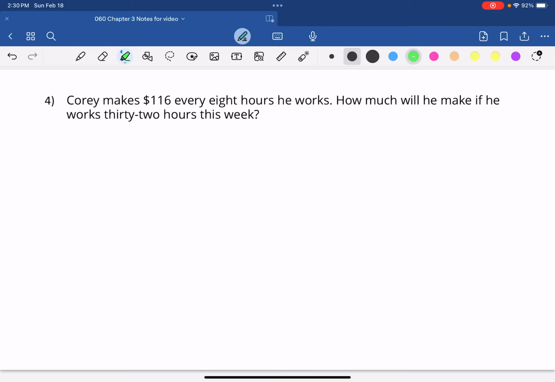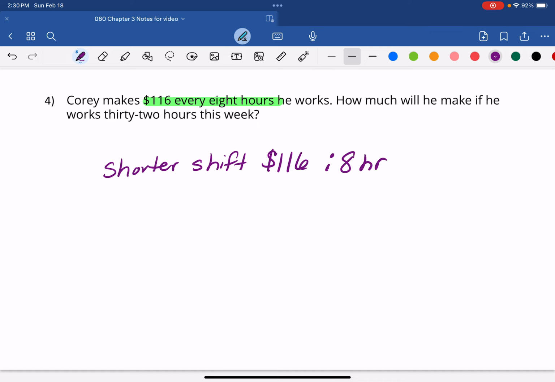Well, we have a ratio here for a shorter shift. We're going to say the shorter shift. And that's going to be $116 for 8 hours. And we want to know how much he is going to make in 32 hours. So this is a longer shift.